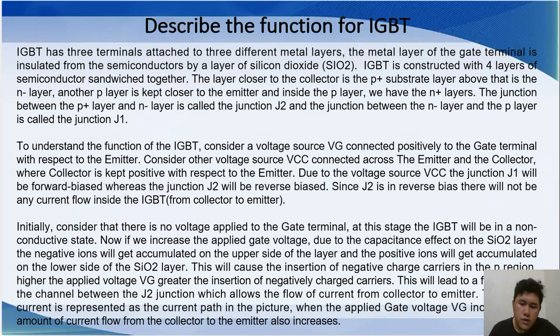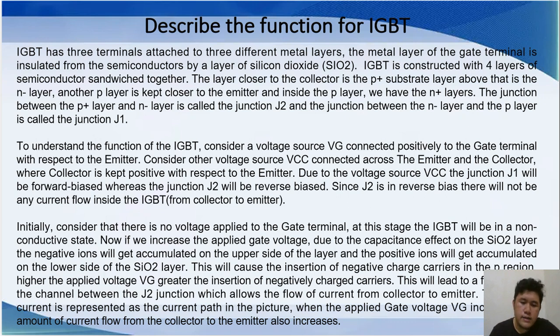Due to the voltage source VCC, the junction J1 will be forward biased, whereas the junction J2 will be reverse biased. Since J2 is in reverse bias, there will not be any current flow inside the IGBT, from collector to emitter. Initially, consider that there is no voltage applied to the gate terminal. At this stage, the IGBT will be in a non-conductive state.